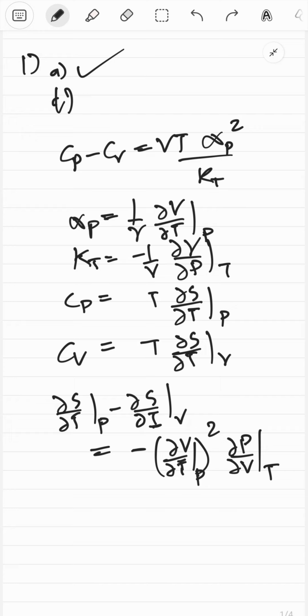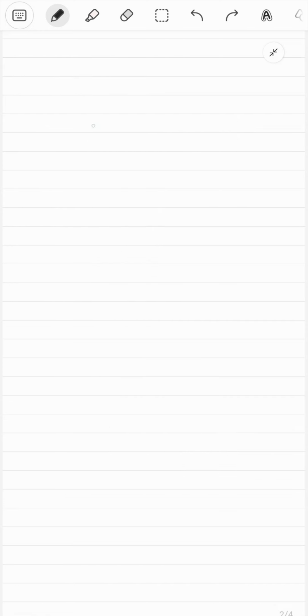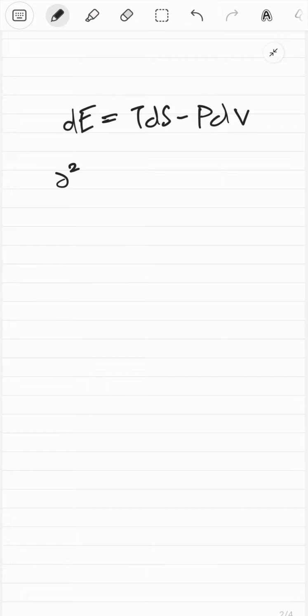Okay, so let's just write out all the terms that do include entropy. So you know that you can just write dE is equal to TdS minus PdV, and then you just take the partial derivatives with x and y, so just like partial square. So once again, I'm just going to use that usual equation.